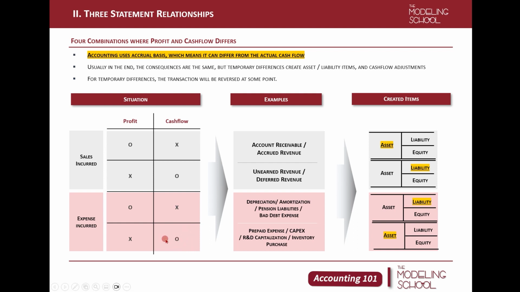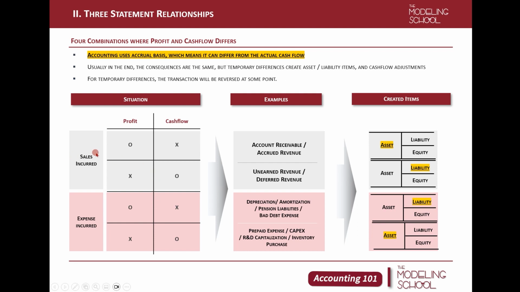But the transaction is not immediately recorded as an expense. So in that case, the company now has future economic benefits from that transaction. So an asset is created, and usually things like property, plant, and equipment, intangible assets, inventory, or prepaid expenses, these kinds of accounts are created on the asset side of the balance sheet.